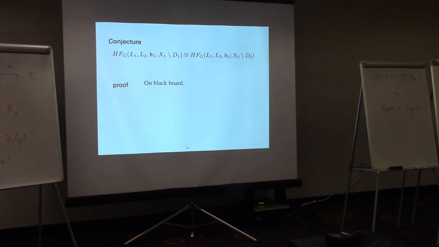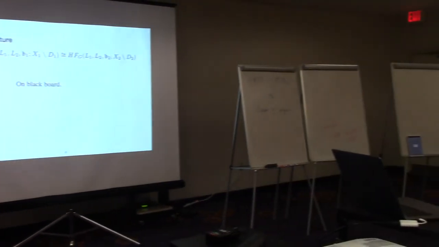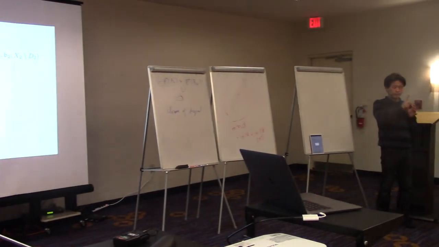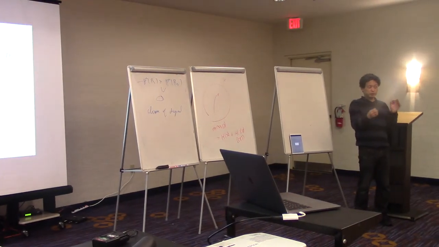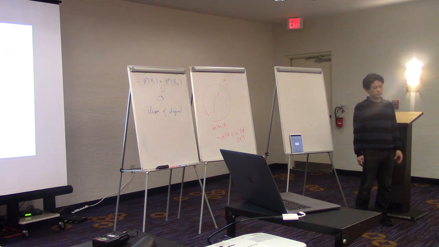You have some map which is related to how this framing moves at this particular point. You take the framing. This map may jump at the point when bubbling occurs. So this leads to wall crossing. I don't know how much of it is done, but it's something similar.